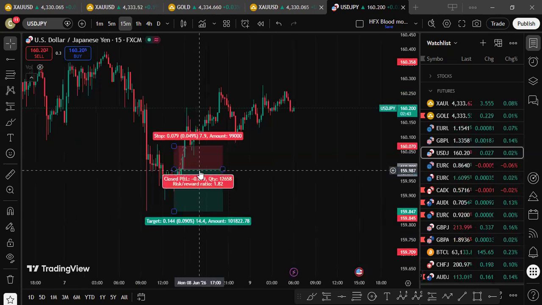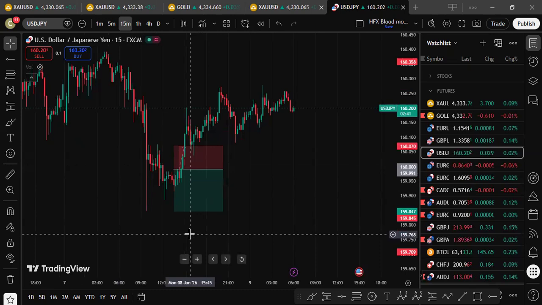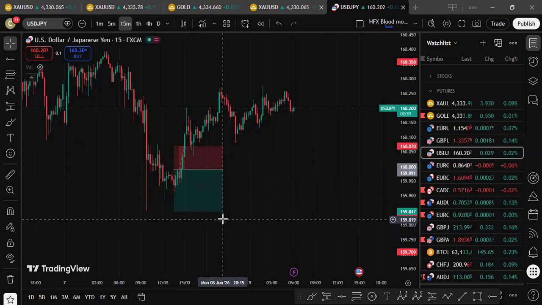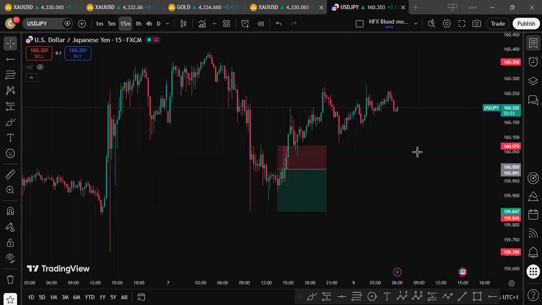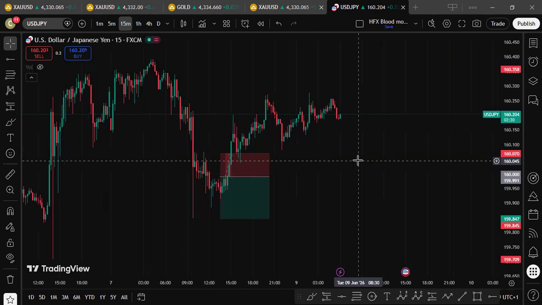Apart from entries, there are your stop loss and your take profits. Now, I trade funded accounts majorly, so I always tend to risk just 1% of my account.